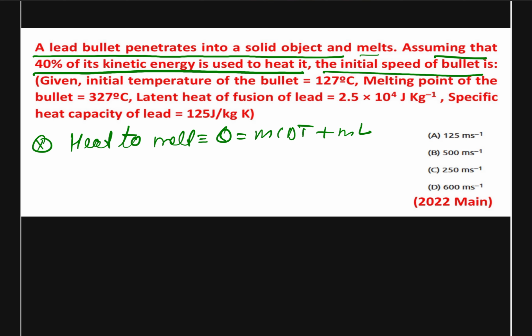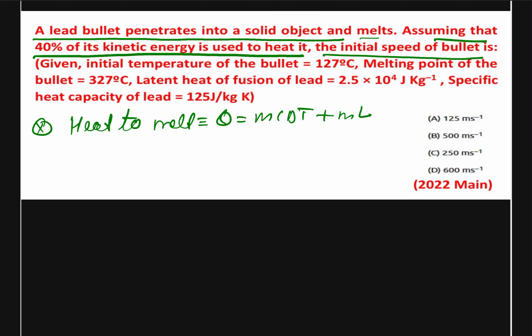So we get Q is equal to m, which we can take as common, and we are having the specific heat as 125, and the temperature is 127 and 327.